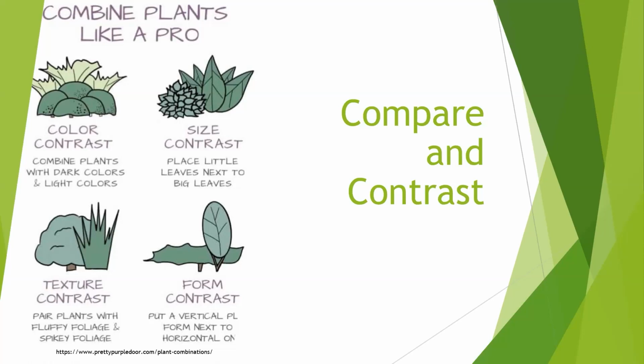The texture contrast, using something that is soft looking right next to something that is maybe a little more pokey, that's good. And then form, using vertical plants with horizontal plants, or having different shapes of the plants working together so that they create that movement.